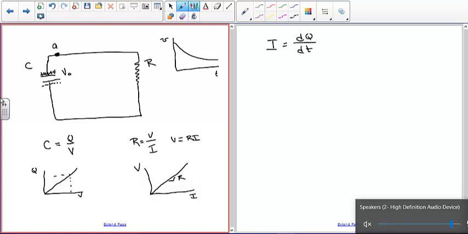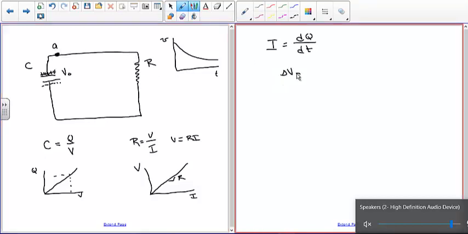Okay, so what we can do is sum the voltages around this circuit. Let's start at A. We'll go through the resistor, so we'll look at the change in voltage across the resistor plus the change in voltage across the capacitor, and that has to equal 0 because the total change has to be 0.